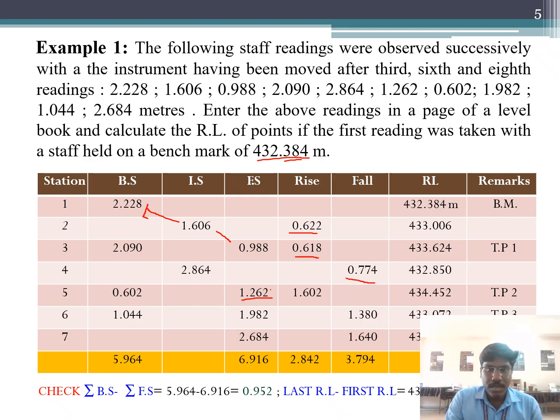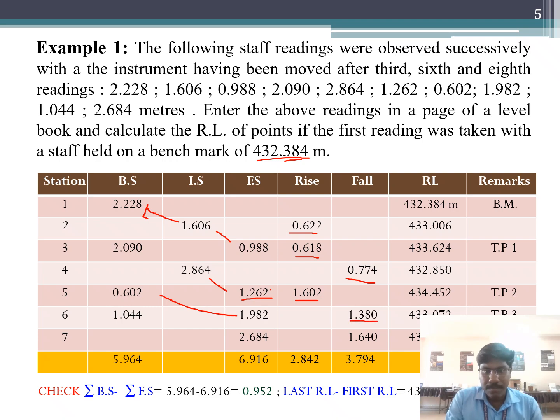Next, coming to these two values, 2.684 minus 1.262. So what will you get? The value is negative 1.602. So put into rise. Next, compare these two values, 1.982 and 0.602. So we will get the positive 1.380.